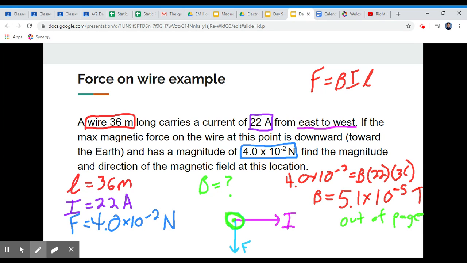Oh, I did that wrong. Let me go ahead and fix that.